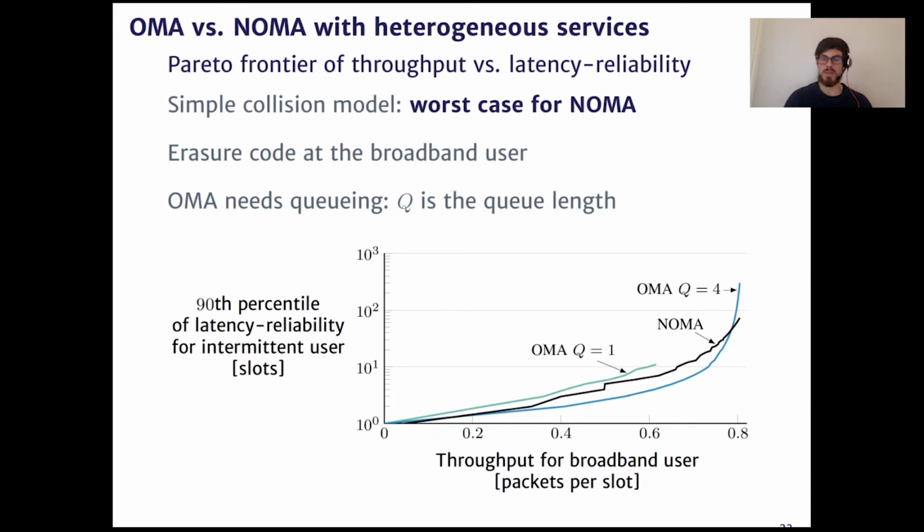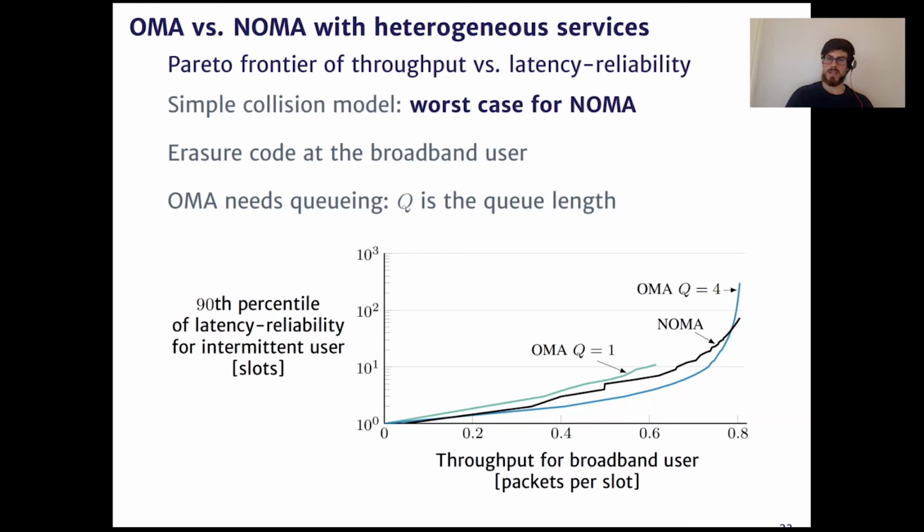And with NOMA, we can see that we have some regions where it performs quite well. If we look at the lower part of the graph, near 0.2 in throughput, we can see that it's basically the same and arguably a little bit better than orthogonal multiple access.